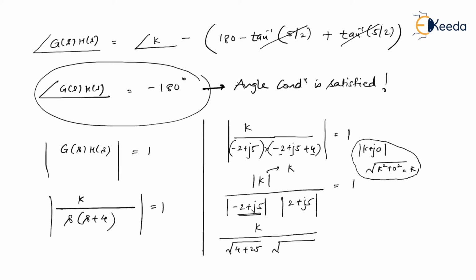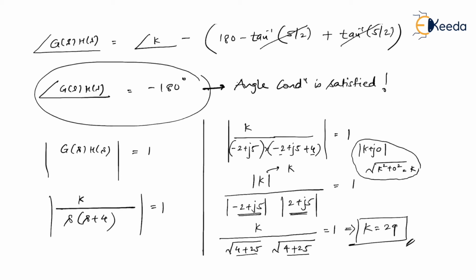Then similarly 2 plus j5 will have the same magnitude, that is 4 plus 25, and this should be equal to 1. So 4 plus 25 is 29, over here also 29. Root of 29 multiplied by root of 29 is 29. So that 29 in the denominator gets shifted to the right. So k becomes 29. And finally we have the answer for k also.